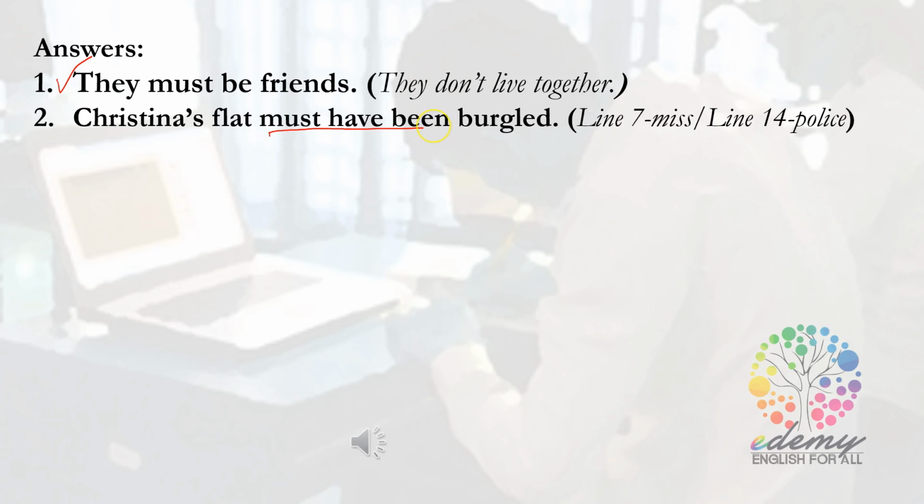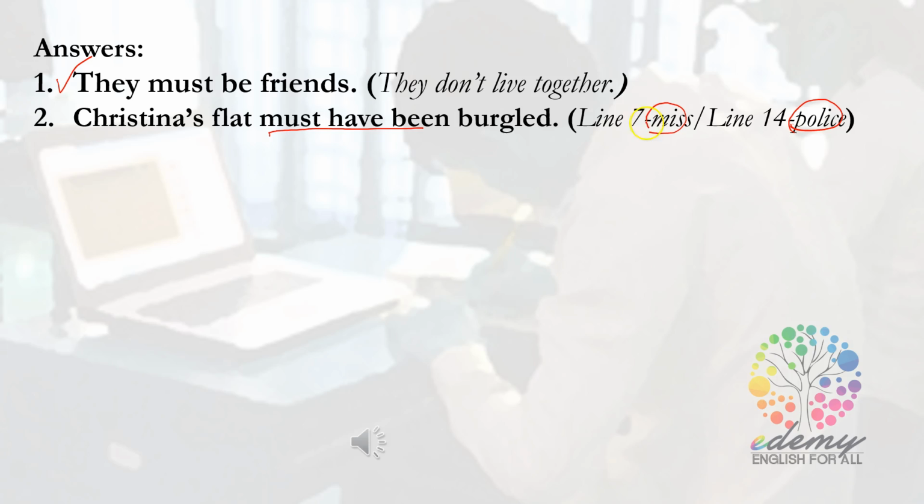When you look at line number 7, you see the word miss, right? In line number 7, they said, what else is missing? So the clue word is miss. And then when you look at line 14, you see Rachel mention, have you called the police? So in line number 14, the clue word is police.